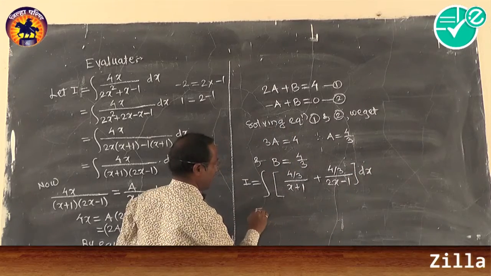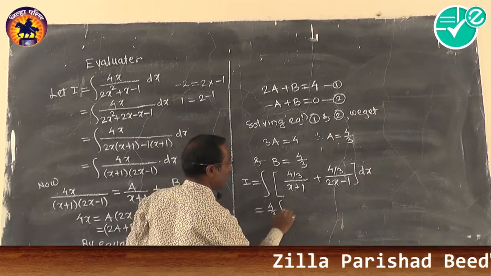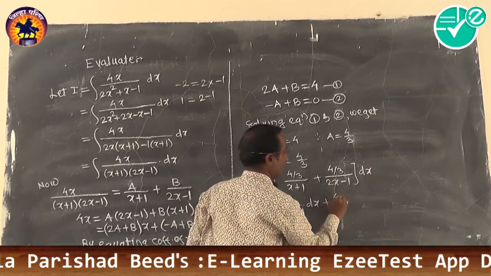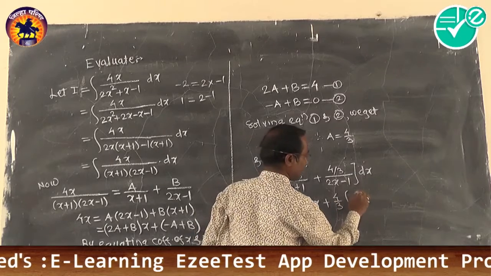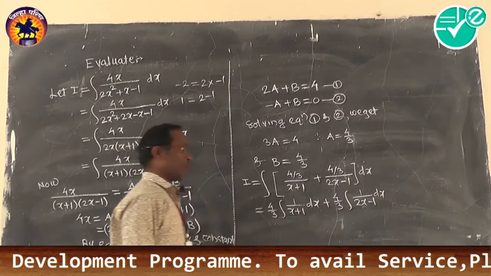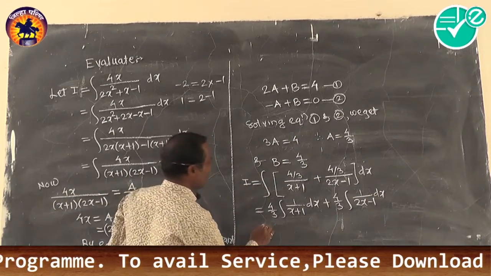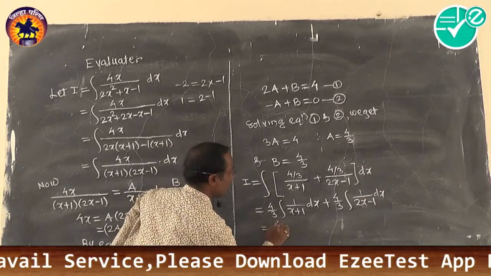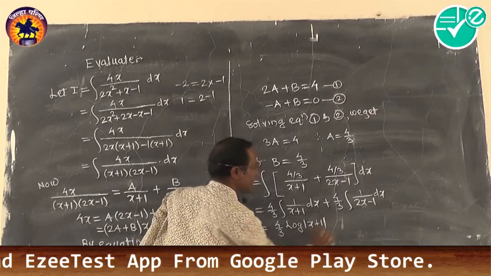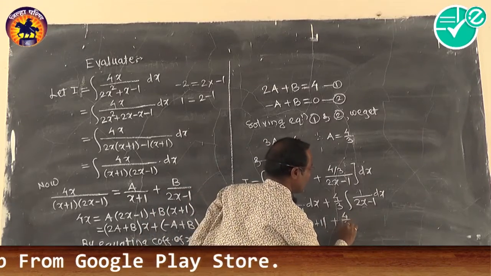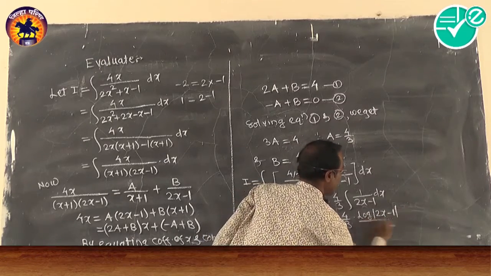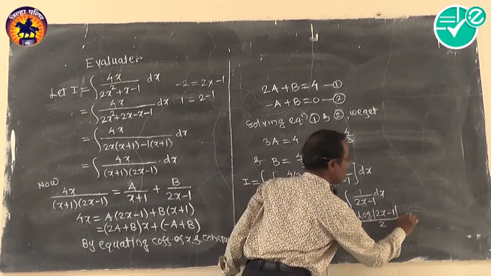Now write down the separate integrals. 4 by 3 into integral of 1 upon x plus 1 dx plus 4 by 3 into integral of 1 upon 2x minus 1 dx. Now we want to simplify this function. We get 4 by 3 into log of (x plus 1) plus 4 by 3 into log of (2x minus 1) divided by the coefficient of x, which is 2, plus c.